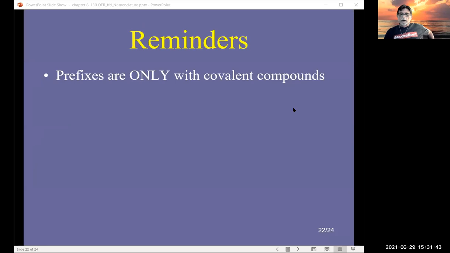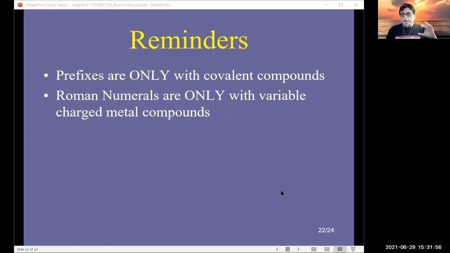All right. Just a few reminders and we'll be done with the chapter here and then we can call it a day. Prefixes only for the covalent compounds. Again, no prefixes for ionic compounds, okay? Roman numerals only for those metals that have variable oxidation numbers. So that means, again, if you forget, it's the 16, group 1, group 2, aluminum, zinc, silver, and cadmium.